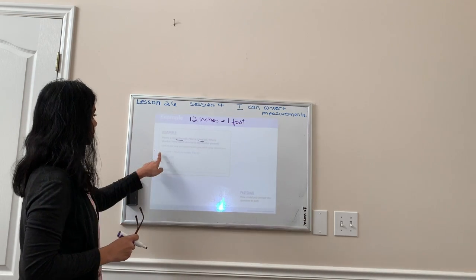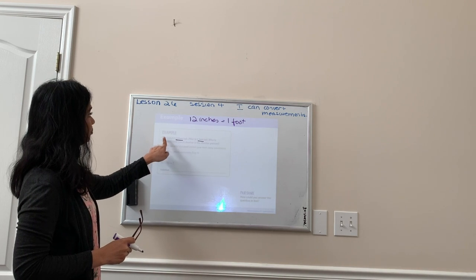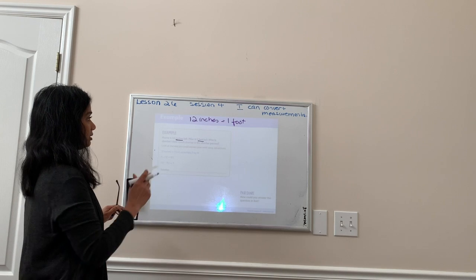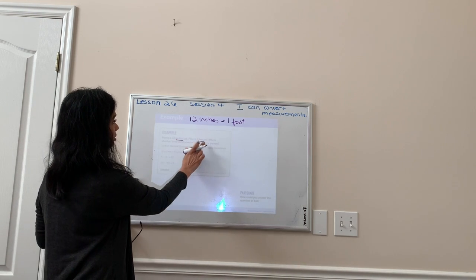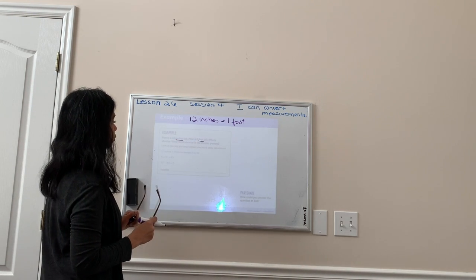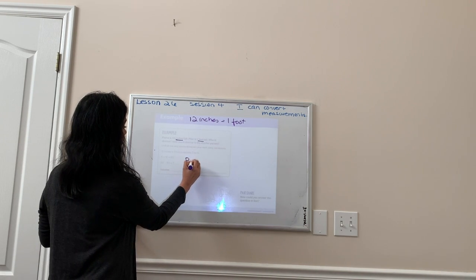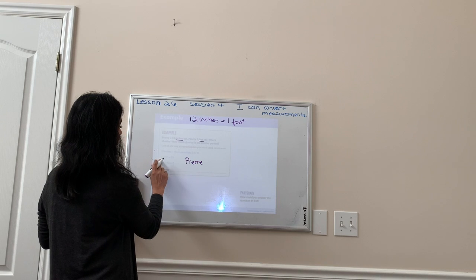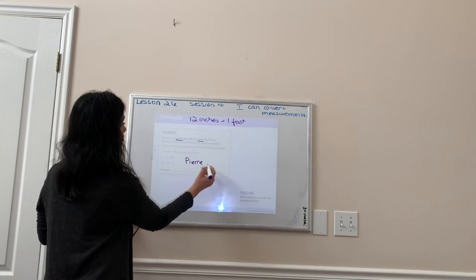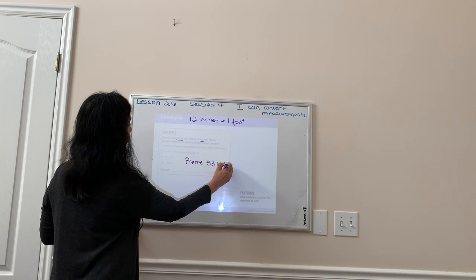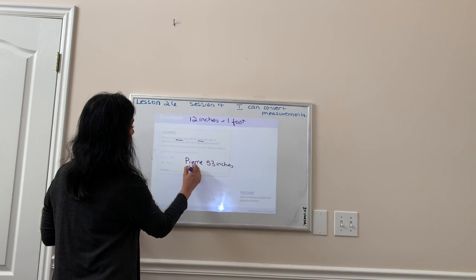Right? So we need to convert Pierre and Pilar into the same measurement unit, because one is in inches and one is in feet. So let's try doing all in inches. Pierre, just like the example shows, is 53 inches, and now we need to do Pilar.